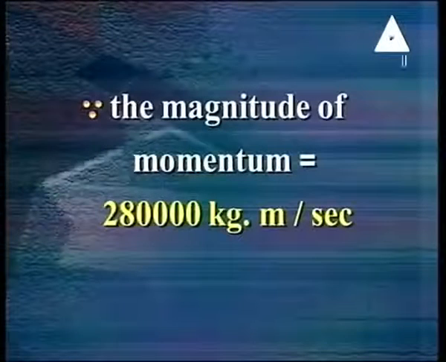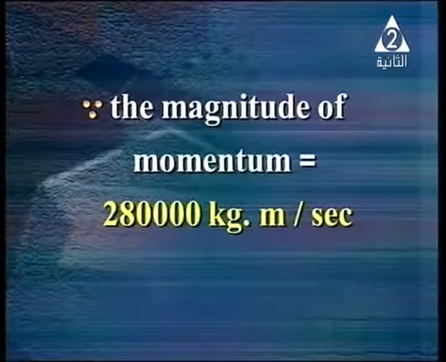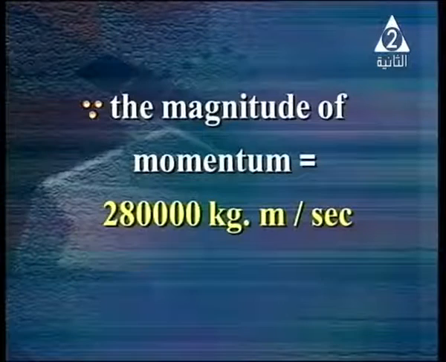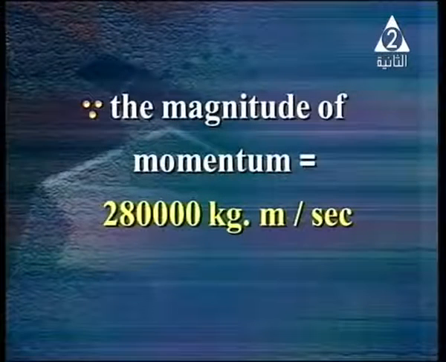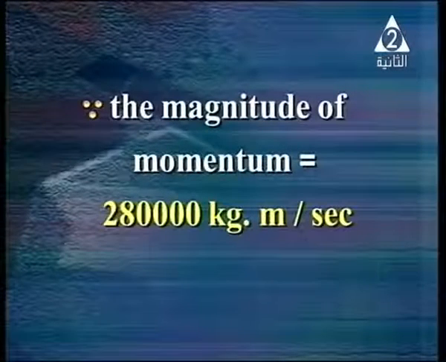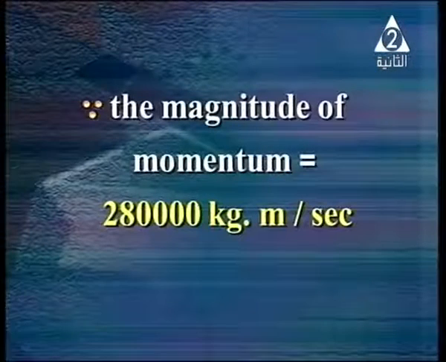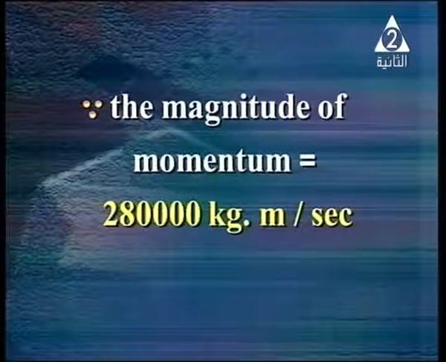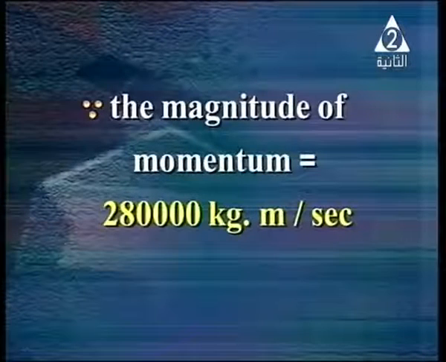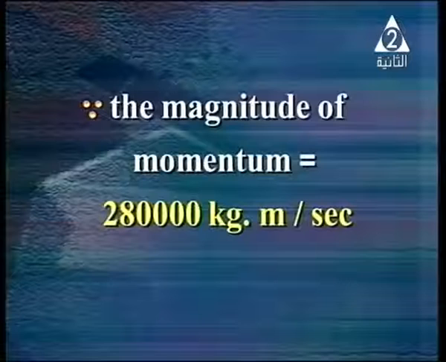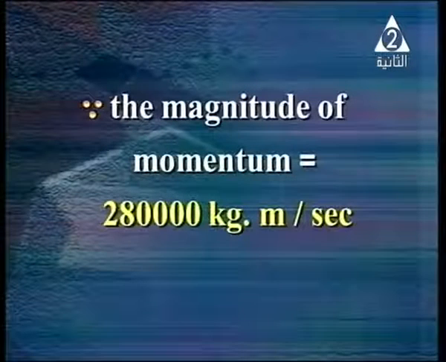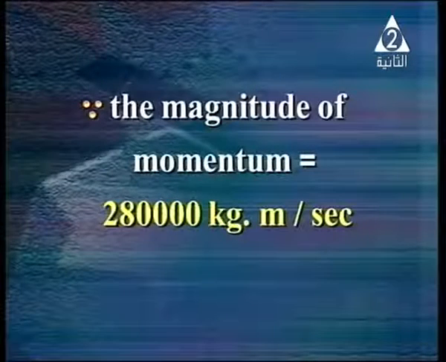Then we deduce that the momentum of a car whose mass is 2 tons, moving with velocity 14c, equals 28,000 kilogram meter per second.